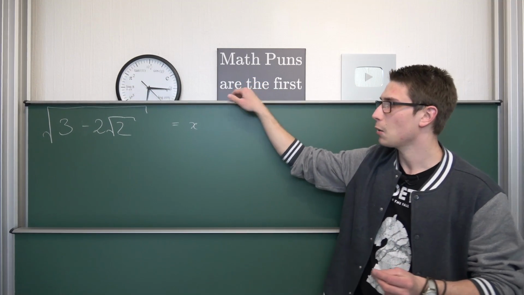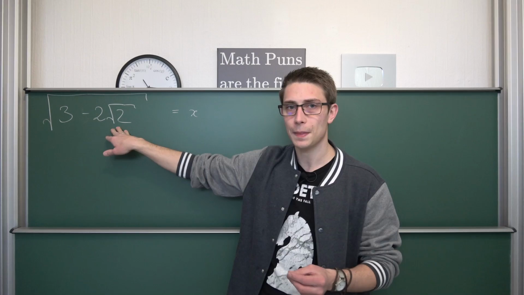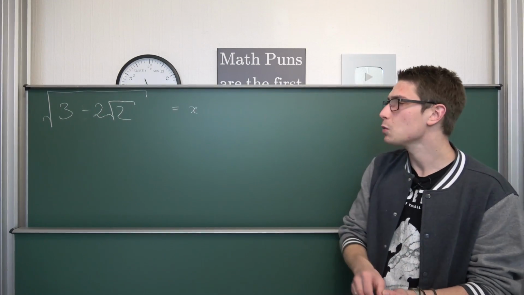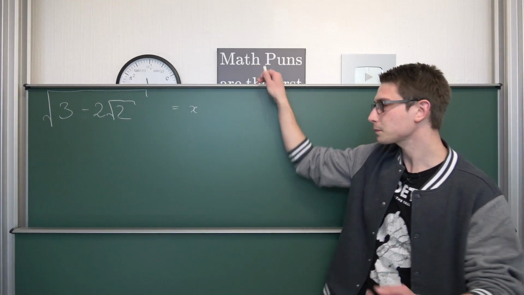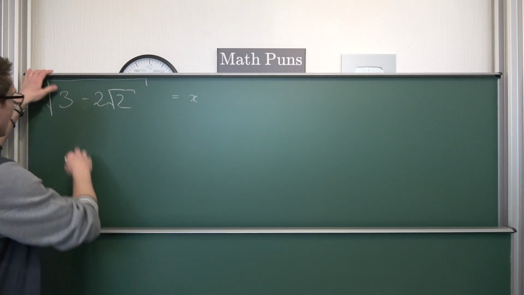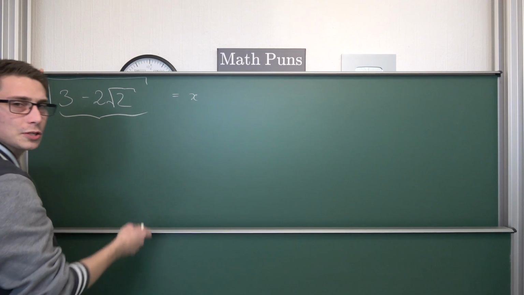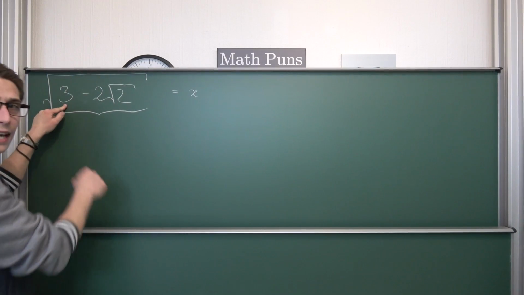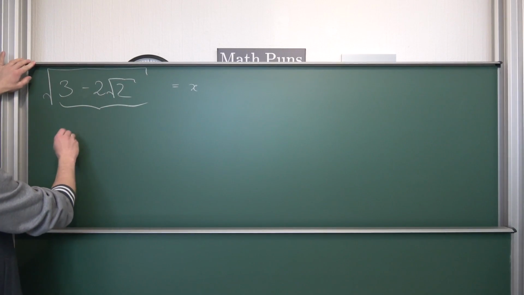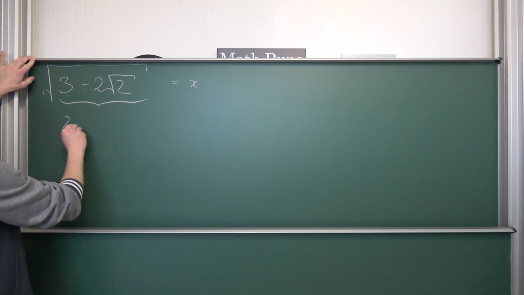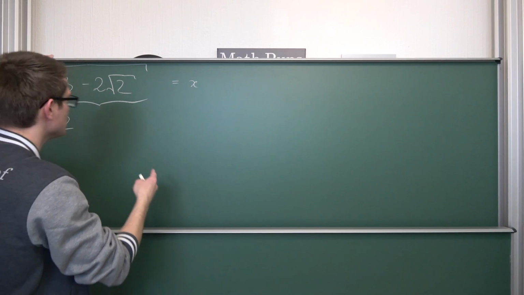And now we are going to see how we can turn what we have down here under our square root into something of the form of a square. At first we are going to rewrite what we have under the surd a tiny little bit. You might notice that 3 is nothing other than the successor of 2, meaning this is nothing but 2 plus 1, because 3 is 2 plus 1.